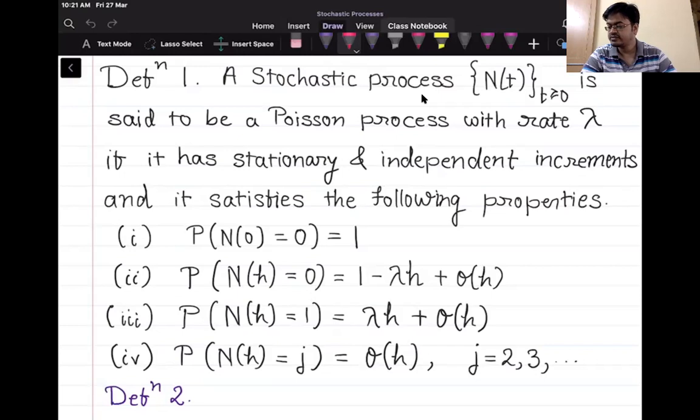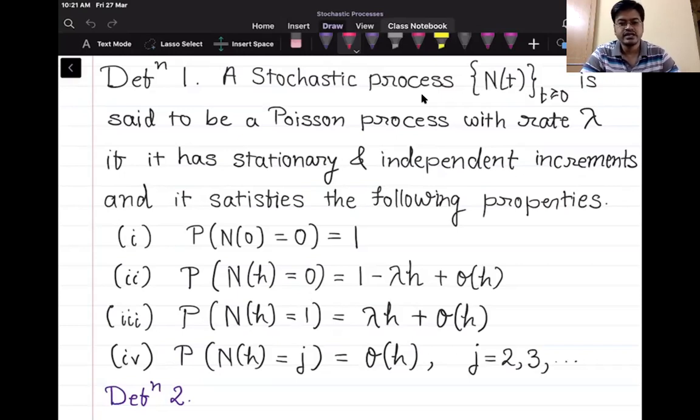Further, it satisfies the following properties. First, N(0) is equal to 0 with probability 1. That means the Poisson process starts at time point 0 and has value 0.